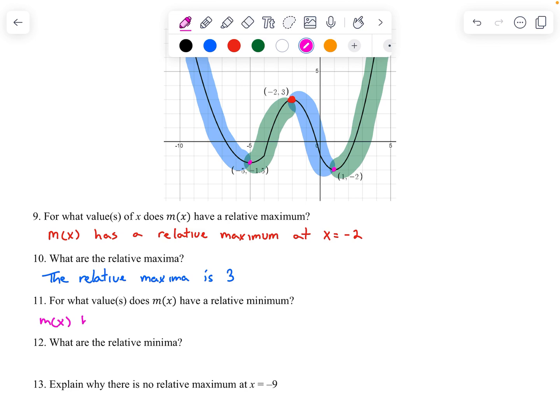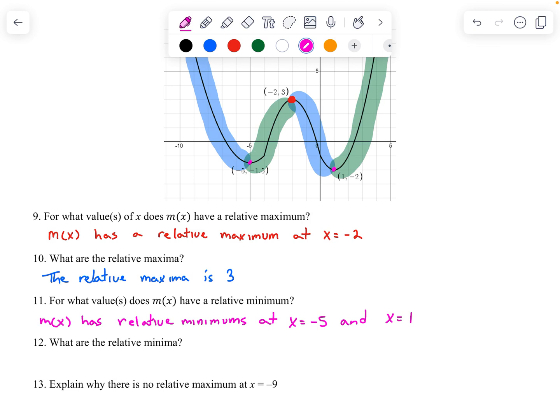So m(x) has relative minimums at x = -5 and x = 1.